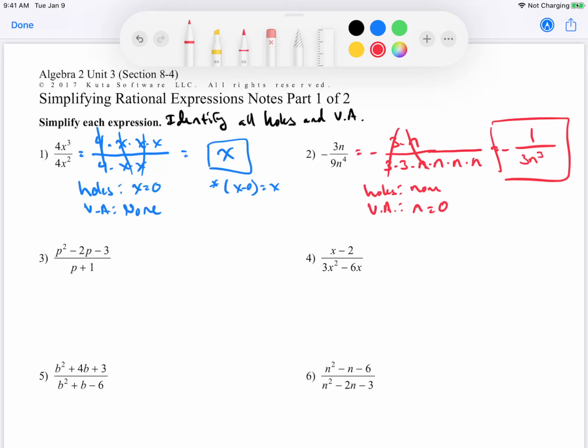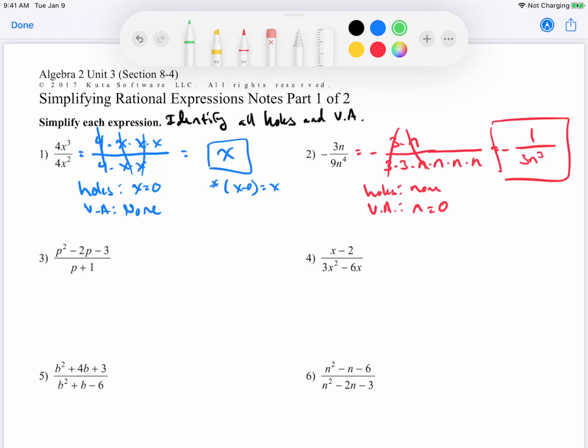Even though we removed n, or n minus 0, we still had n minus 0 in the denominator. This is very similar to the last case of the last example that we looked at in the previous video. Okay, moving on.